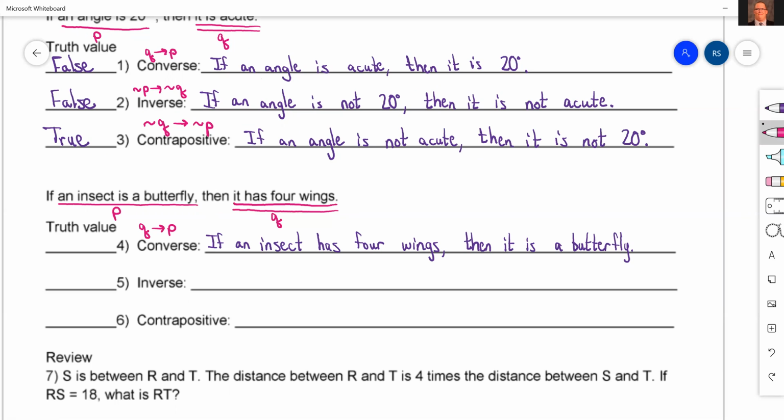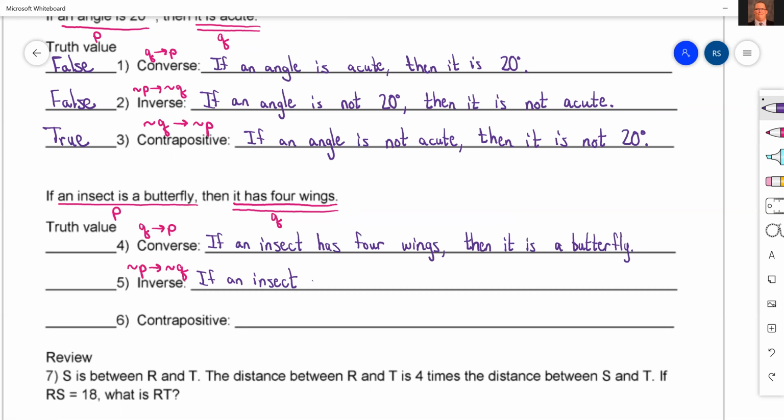Now let's look at inverse. That's where we say no to everything. So not P, then not Q. P is an insect is a butterfly.